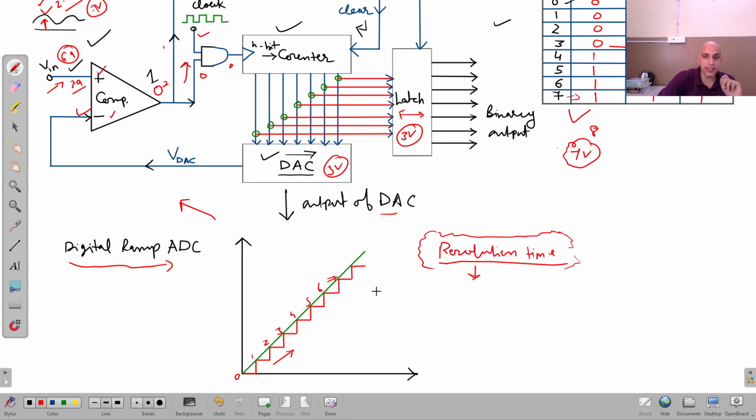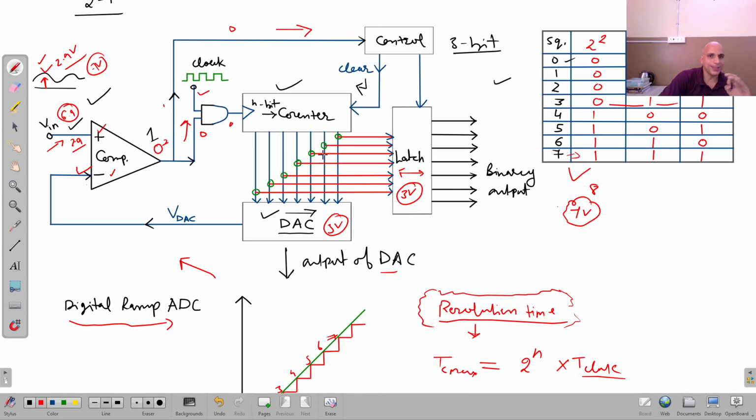So the maximum time required for the conversion, I call it T conversion maximum, will be equal to 2 raised to power n multiplied by T clock, because T clock is the time for 1 clock pulse, since with every clock pulse the counter is advancing 1 step, right? Like this is 0, 1, 2, and so on.